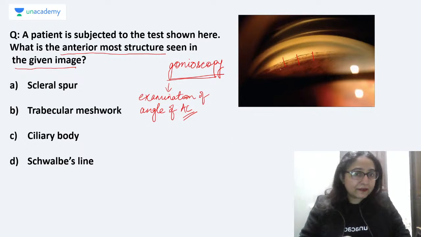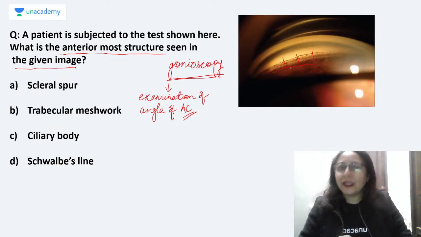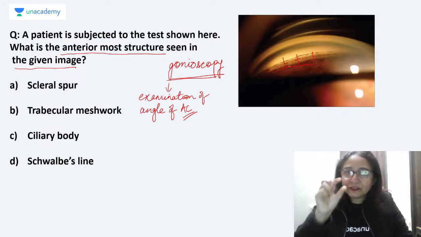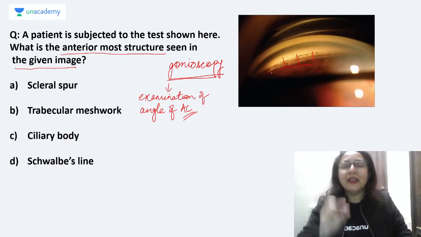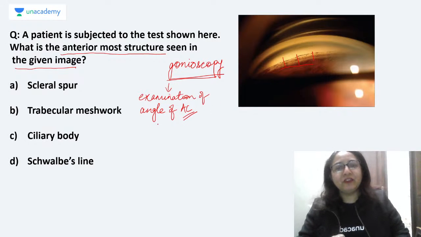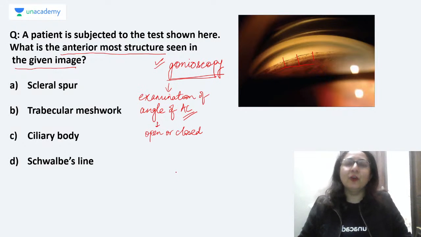This is your iris, and above is your cornea. Between the cornea and the iris is your angle of the anterior chamber, and the structures seen in the recess of the angle help us to know whether the angle of the anterior chamber is open or closed. So this is done by the test of gonioscopy.